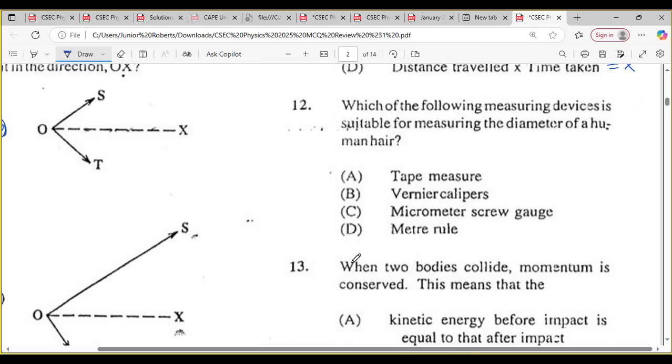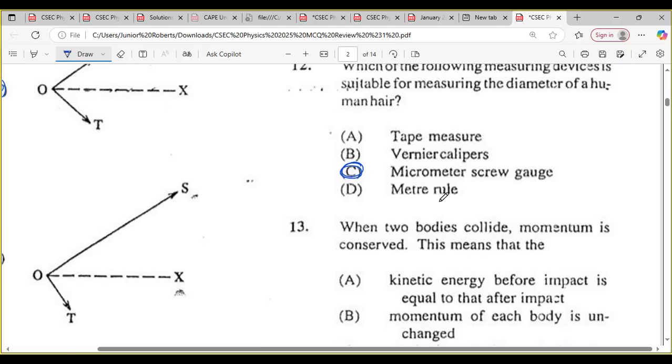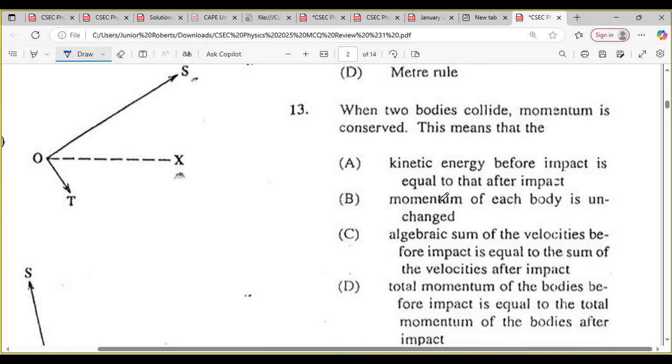Number 12 now says, which of the following measuring instruments is suitable for measuring the diameter of a human ear? We saw this question earlier, so we can just select the micrometer screw gauge. The same questions, but the answers would have been shifted around somewhat. Number 13 now says, when two bodies collide, momentum is conserved.